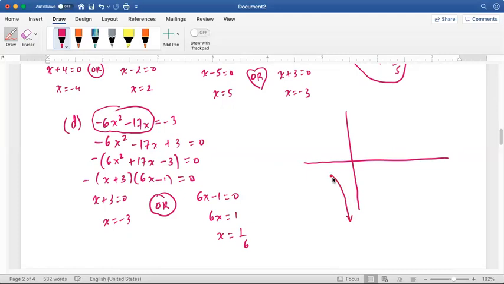What we actually found, maybe my drawing needs to be adjusted slightly. What we found here is that this value of -3 here occurs here when x is equal to 1/6, and over here when x is -3.